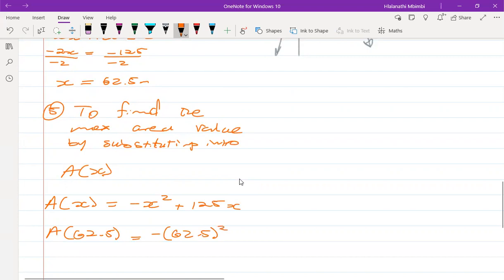Please calculate that for me and give me what it is. That would be 3906.25 meters squared. Please confirm that.